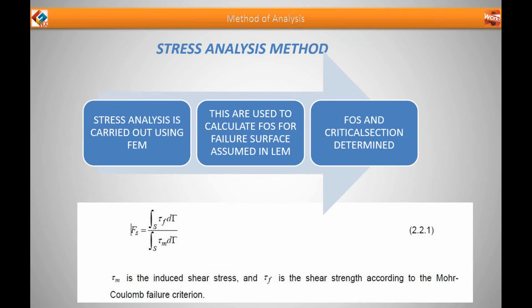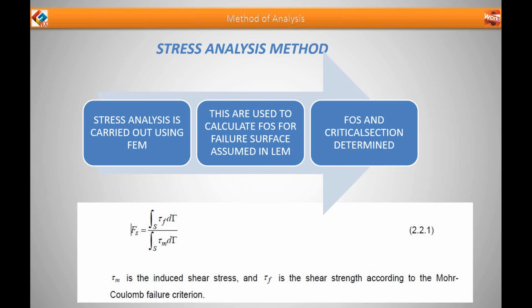Now you have seen that in the limit equilibrium method we only obtain the factor of safety, that was the disadvantage, and in the strength reduction method we didn't obtain a clear failure plane surface. So MIDAS products provide the stress analysis method.